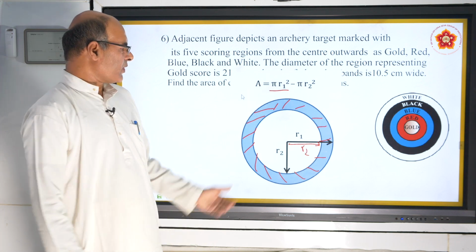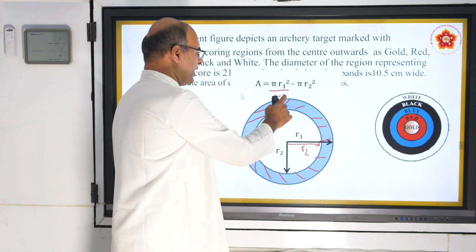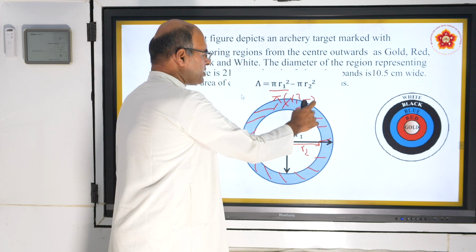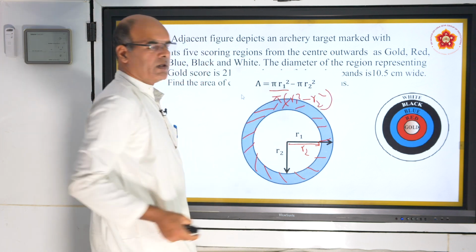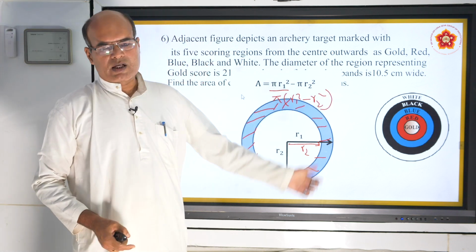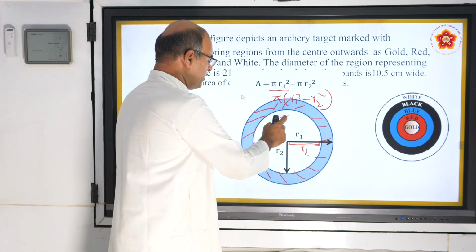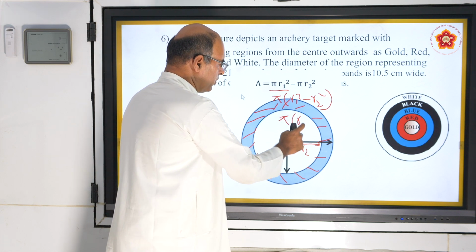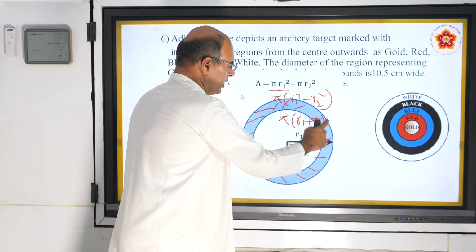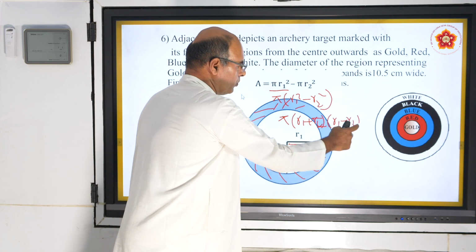We can simplify this formula. We can take pi as common factor, then r1 square minus r2 square. So we know what a square minus b square is: a plus b into a minus b. Therefore it becomes pi into r1 plus r2 into r1 minus r2.